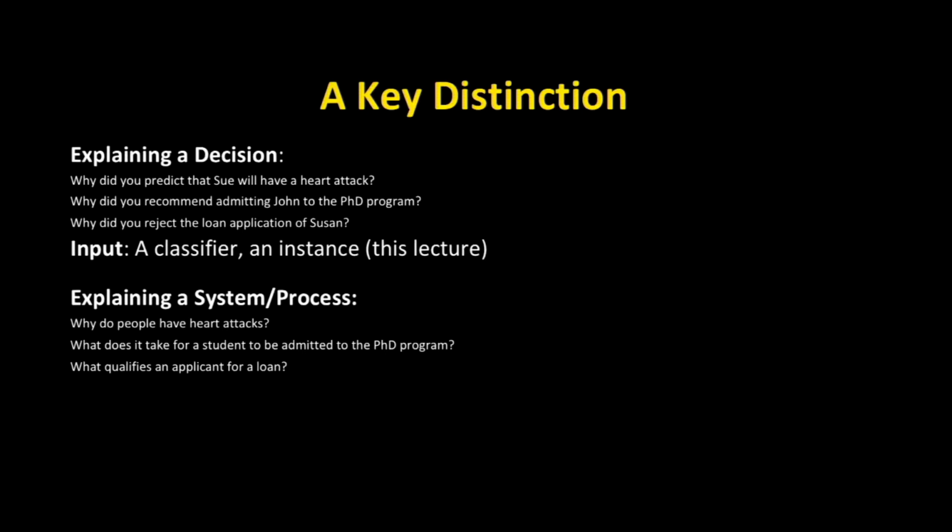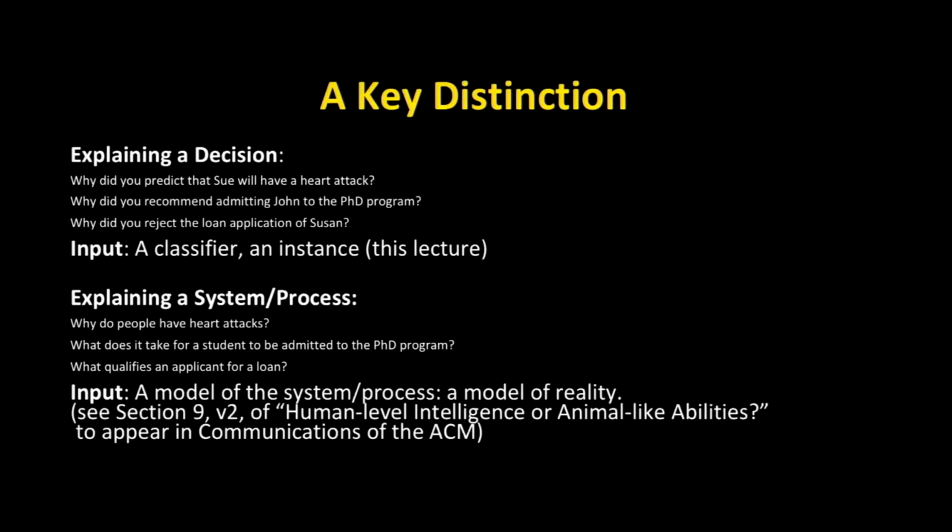For the second type, where you're trying to explain a system or a process, you need, in a way, something more demanding. You need a model of the system or process, or what people would call a model of reality. There has been a long tradition, not just in AI and philosophy, in thinking about explanations, but they were more of the second type.